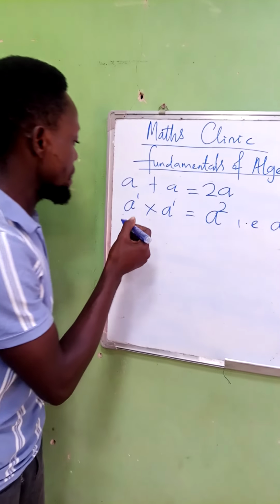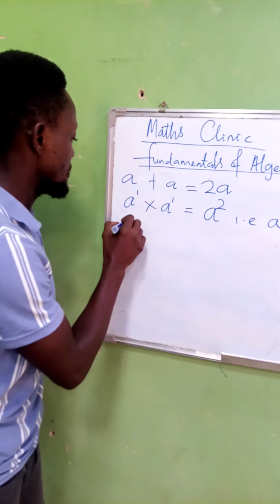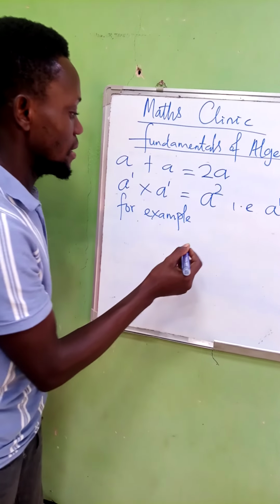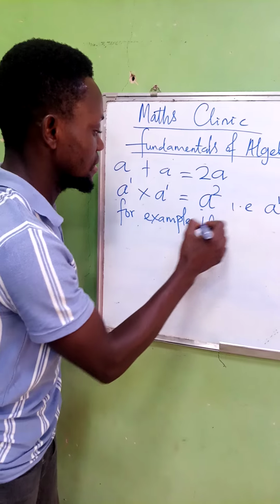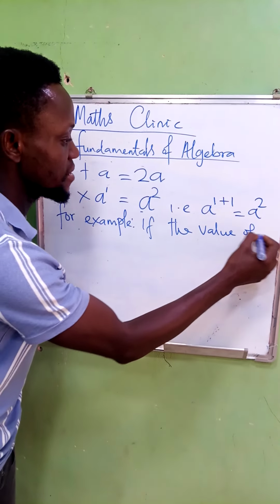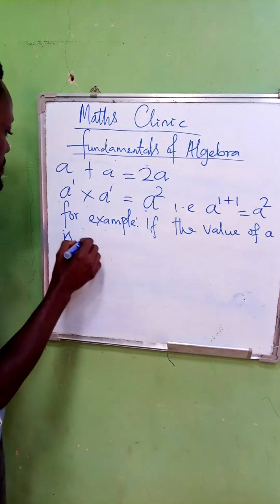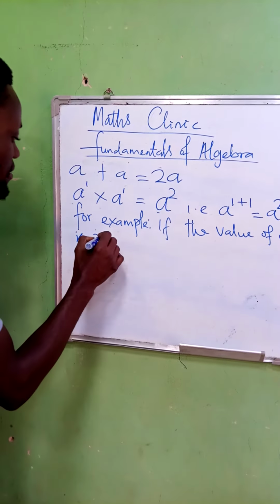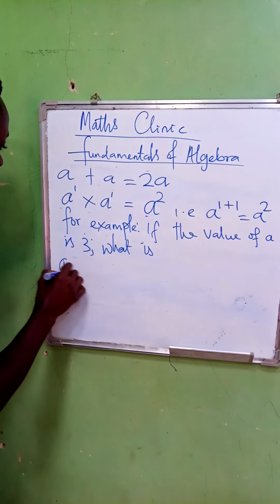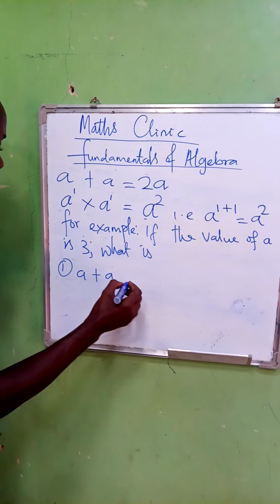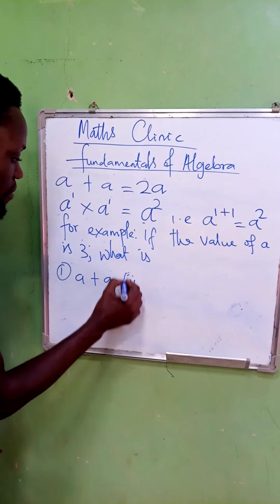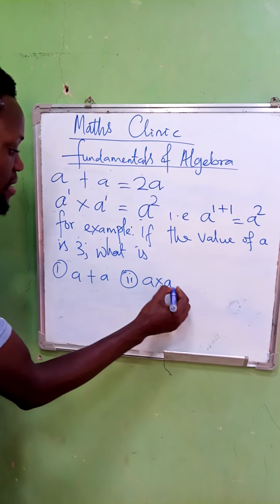Now, when we have something like this, for example, if the value of a is 3, therefore what is a plus a, and a times a?